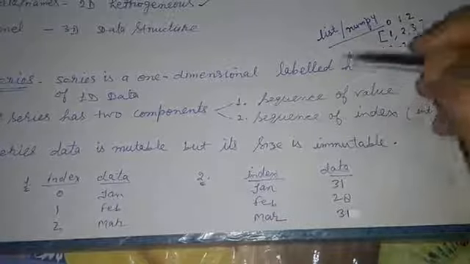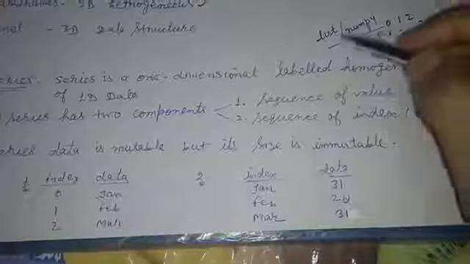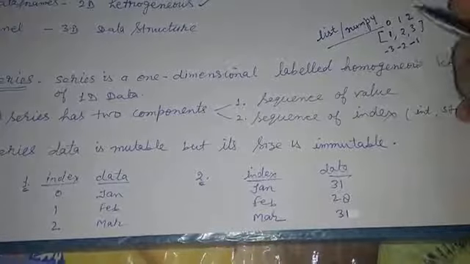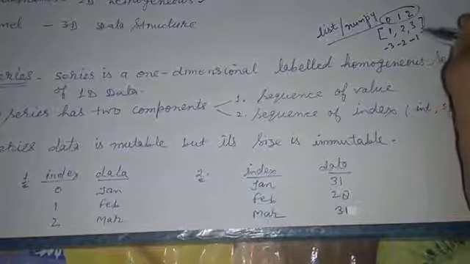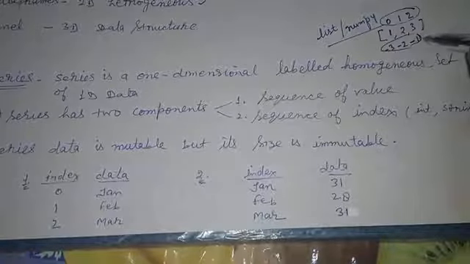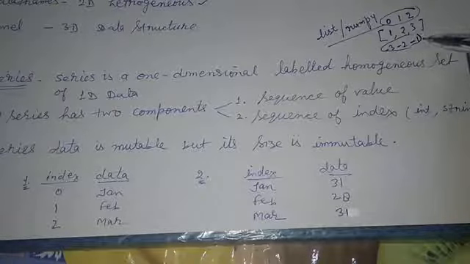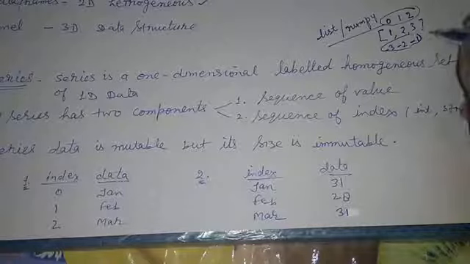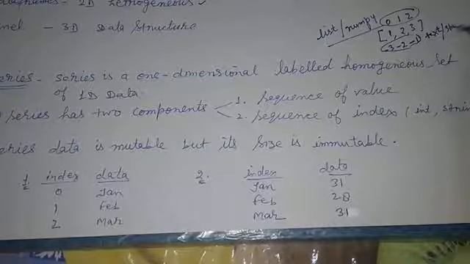And series is also a one-dimensional data structure. Then what is the difference between series and these two data objects? The main difference is in the case of index. You can provide a list of indexes by yourself. Even the index can be text or string, you can say.